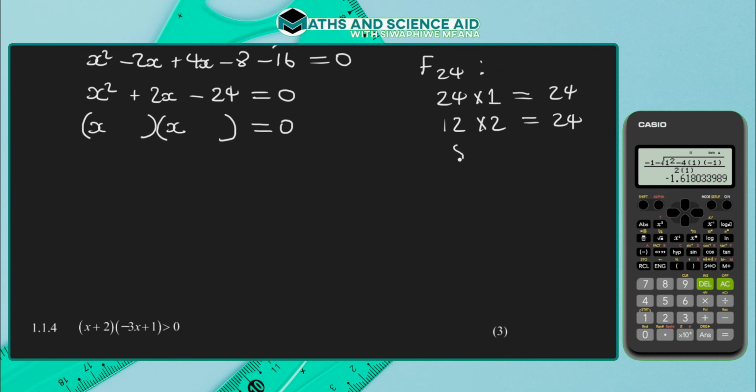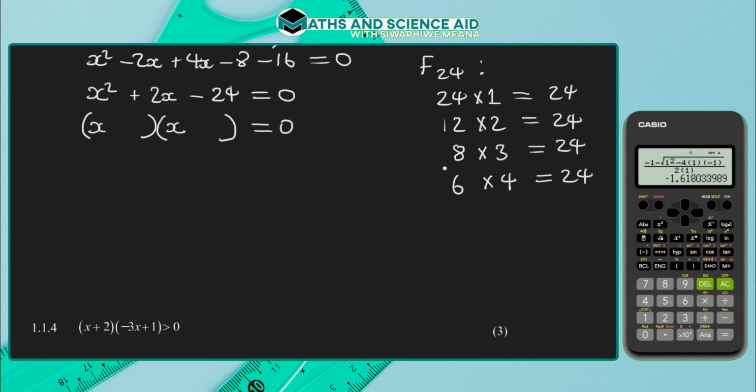We can also do 8 multiplied by 3, because these can also give us 24. And then lastly, we also have 6 multiplied by 4, as these can also give us 24 if we multiply them together.